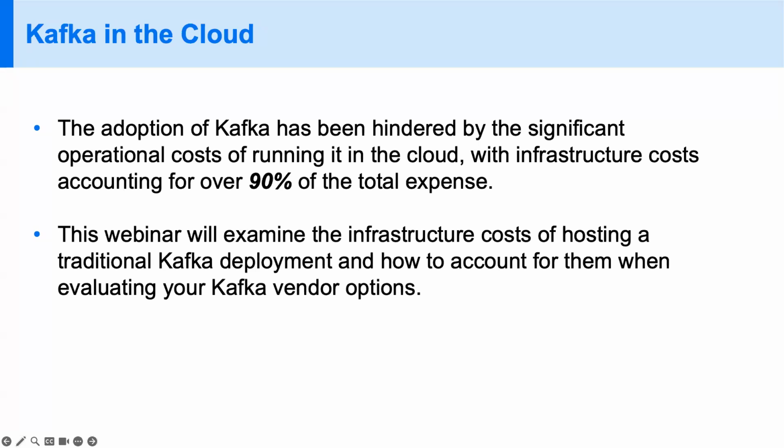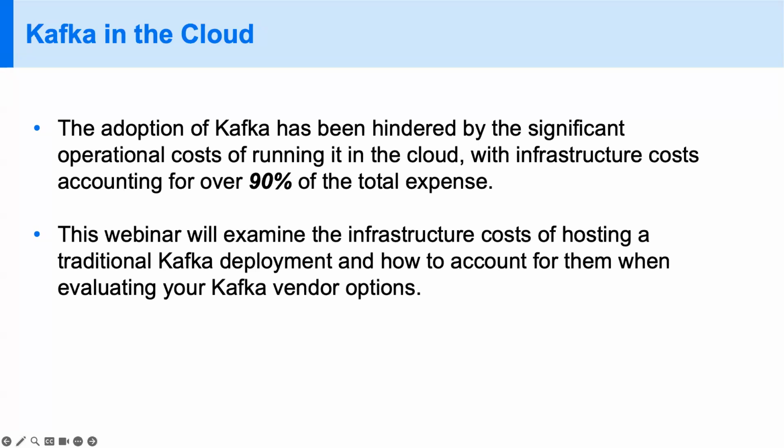You really want to host all of your important services on a major cloud provider, to get the guarantees, the uptime and availability, and to offload the infrastructure investment needed to host your systems. But there have been some issues, cost being primary among them. About 90% of the cost of hosting Kafka deployments in the cloud is related to the infrastructure within your cloud provider, and not necessarily the software underneath.